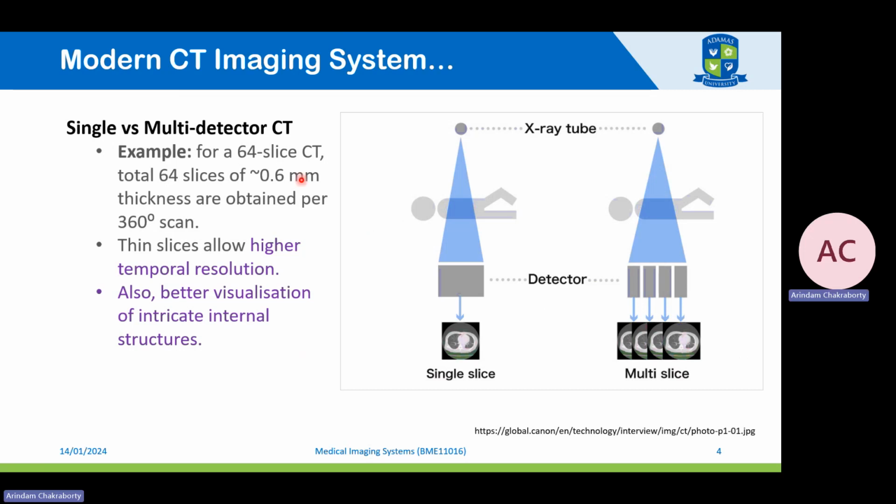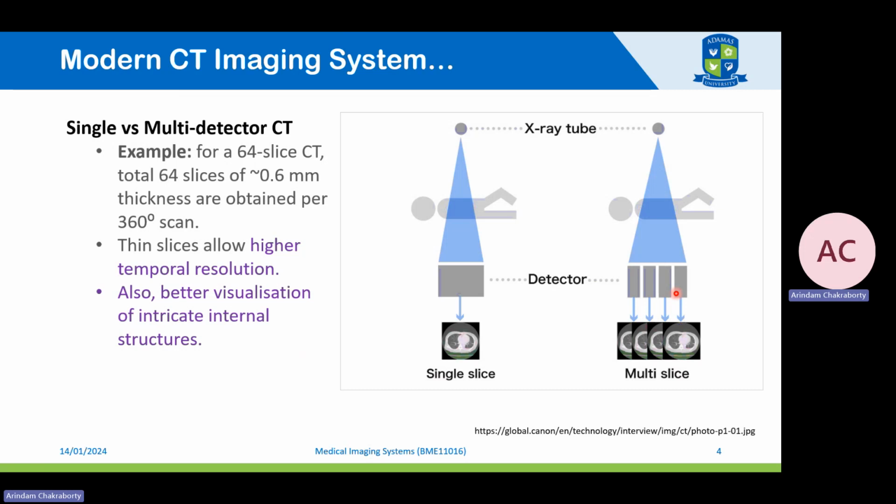So, since there are multiple detectors available, the slice thickness can be reduced. It can be understood intuitively that the slice thickness can be reduced and the number of slices can be increased per rotation. So what does that mean?